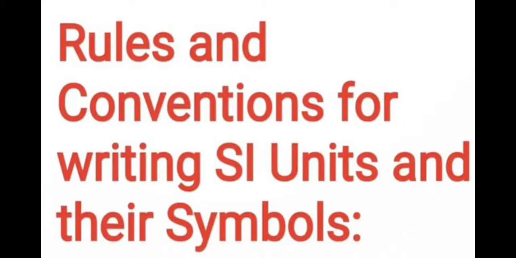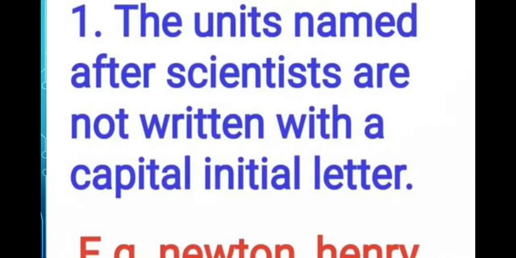Next, we move on to rules and conventions for writing SI units and the symbols. While writing SI units, we have to follow some rules and conventions. First point, the unit names after scientists are not written with a capital initial letter.